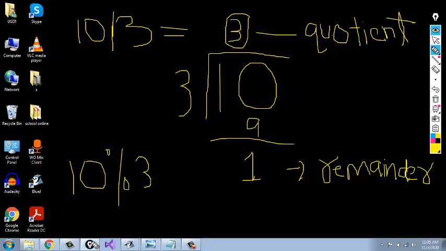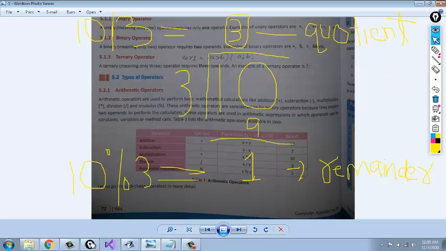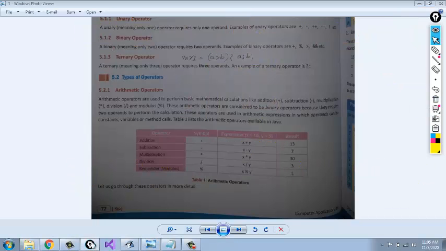This division operator will return the quotient, and this modulo division operator will return the remainder only. That's why we got x modulo y is equal to 1. I hope you could understand arithmetical operators.